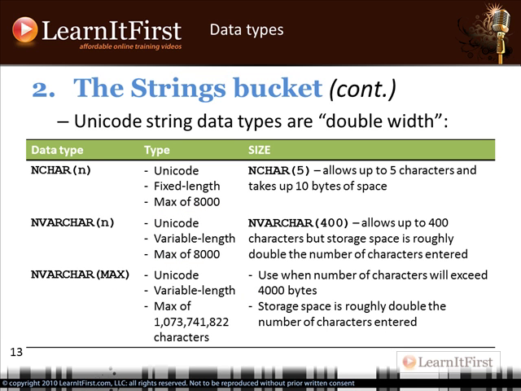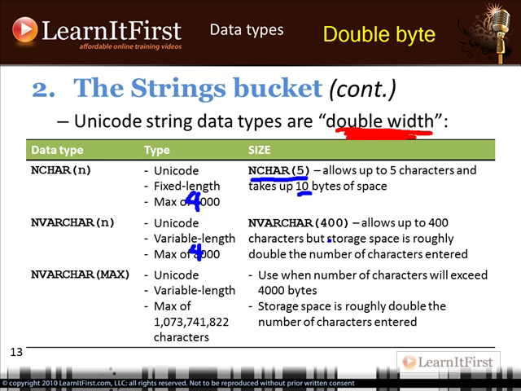What I'll say about this one is the Unicode data types are considered double width, also called double byte columns, because for them to actually do the storage, notice that an nchar 5 takes up 10 bytes of space. Notice that this maximum length down here is 4,000, and that's actually a typo. I'll fix that there. Just recognize that.